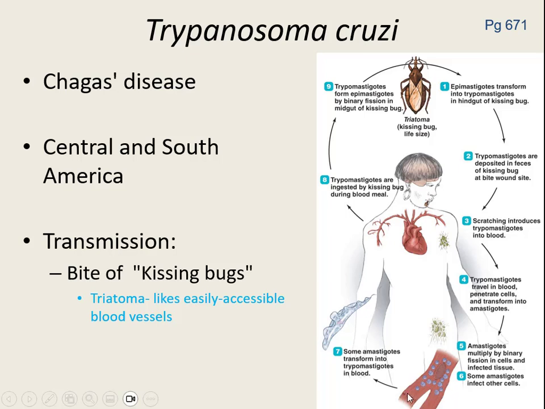So we can see it's got those striations and it's branched, and it transforms into this flagellated stage. So it's got one flagella on it, and it's this that hangs out then in your blood vessels. So once it leaves your cardiac tissue, it hangs out in your blood vessels, waiting to get picked up again by another bite of a triatoma and complete the whole life cycle again.